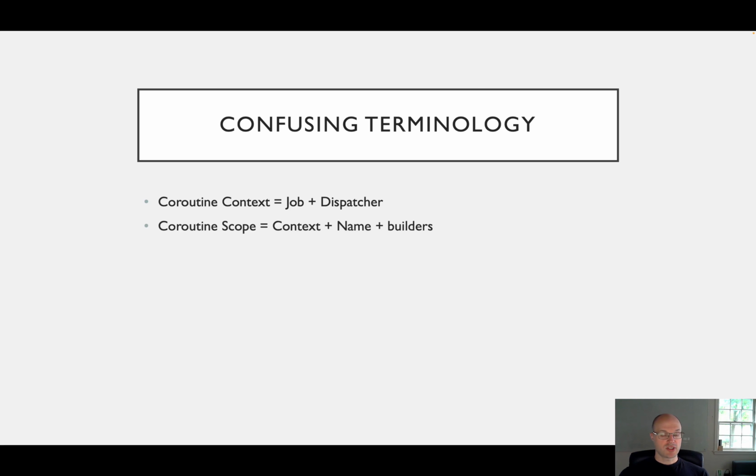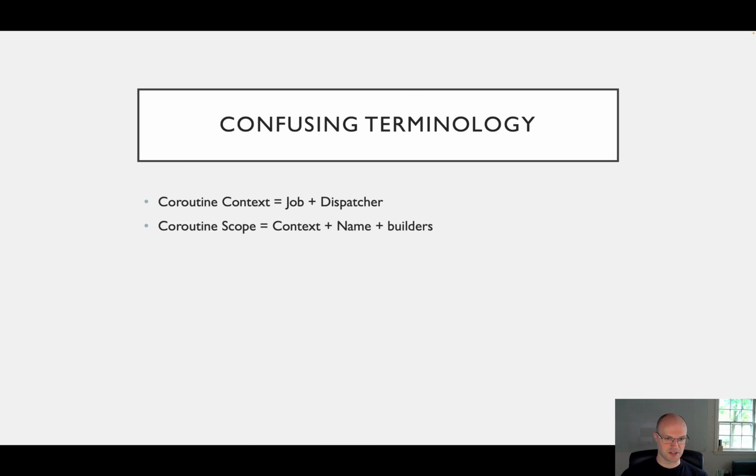When they say coroutine scope, that is the context, so the job and the dispatcher, plus you get a name, which is really not important. It's basically just for debugging, which maybe you care about. Plus you get some builders, which are essentially just convenience functions for creating child coroutines. So in all the ways that really matter, which in my opinion is the job and dispatcher, the coroutine scope and the coroutine context are really not that different.